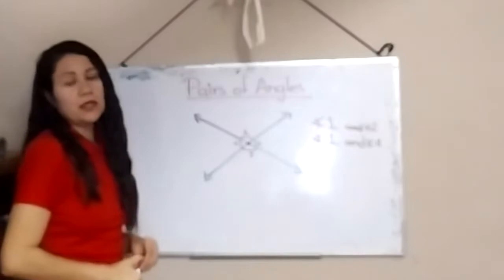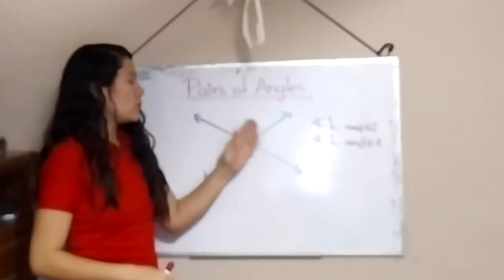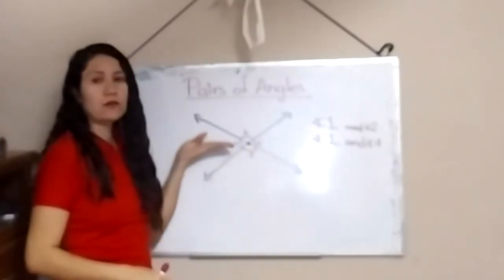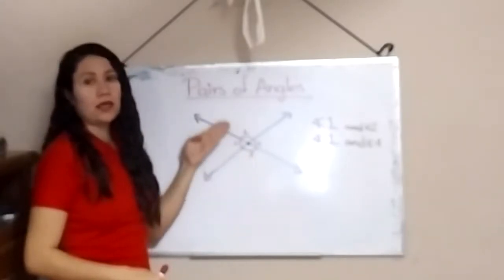And in this way we can classify all of them. Angle 2 is adjacent to 1 and 3. Angle 3 is adjacent to 2 and 4. Angle 4 is adjacent to 3 and 1.